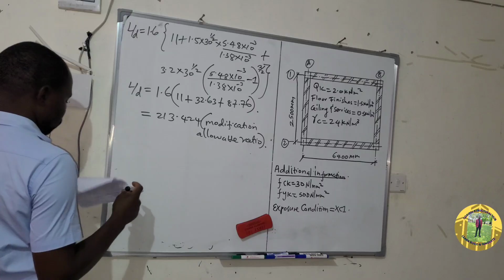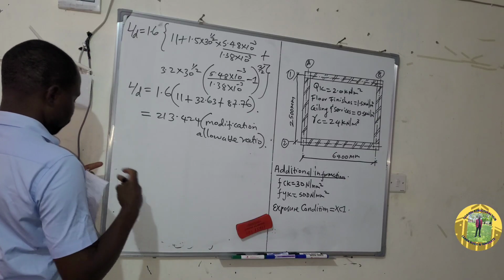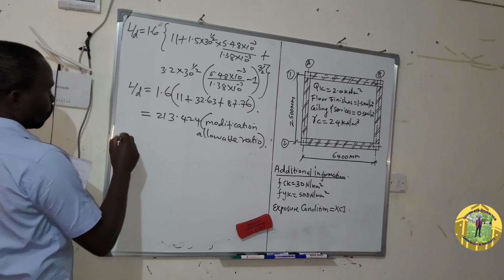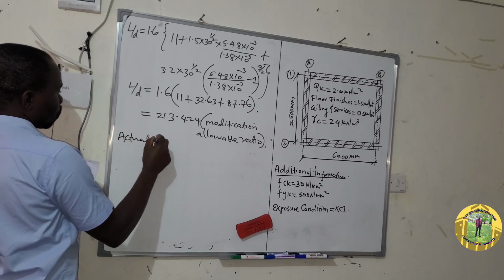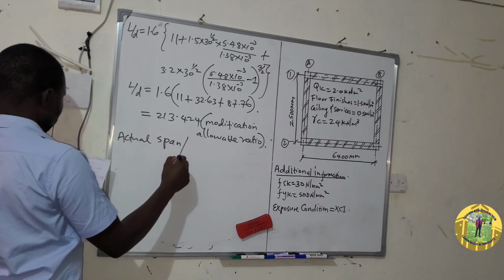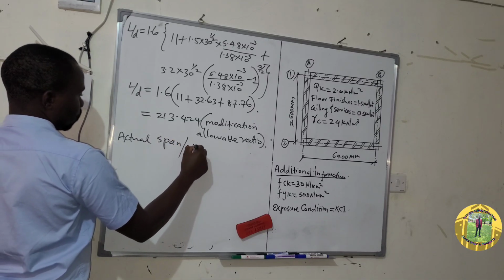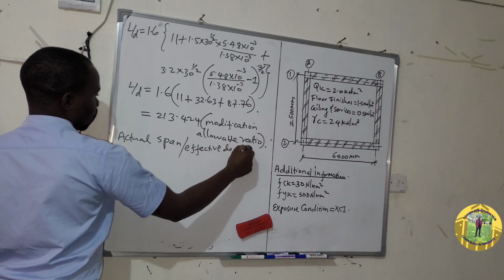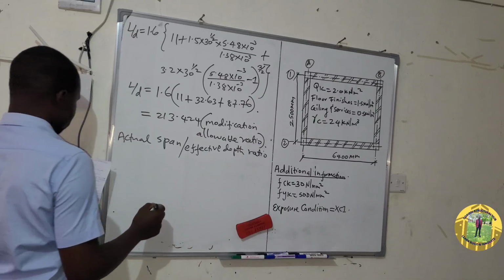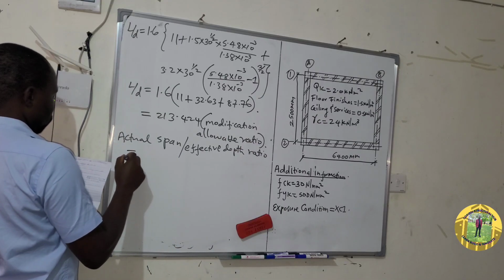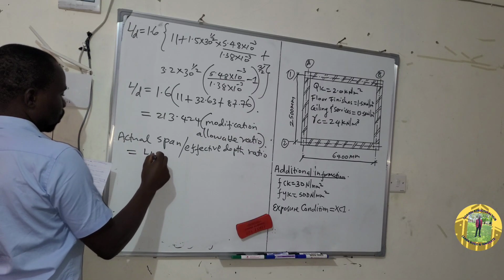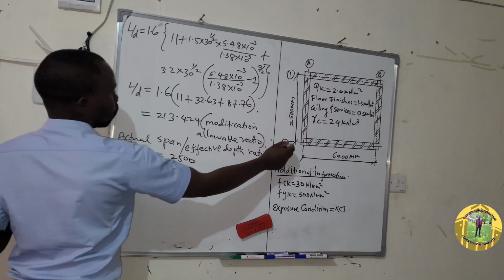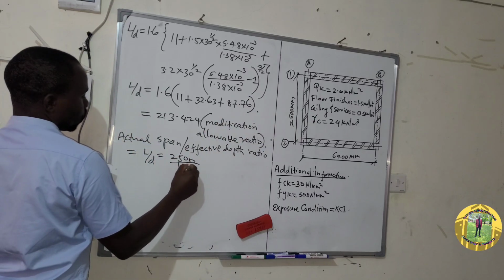So we proceed. The actual span over depth ratio, the actual span all over effective depth ratio, is equal to L over D, which is equal to 2500 from here to here, all over 120.